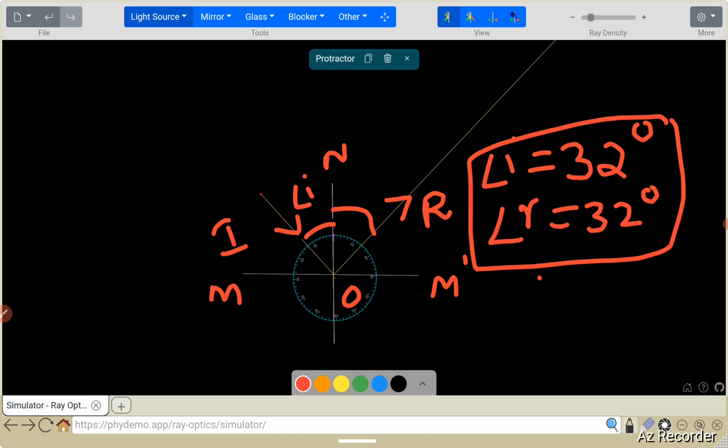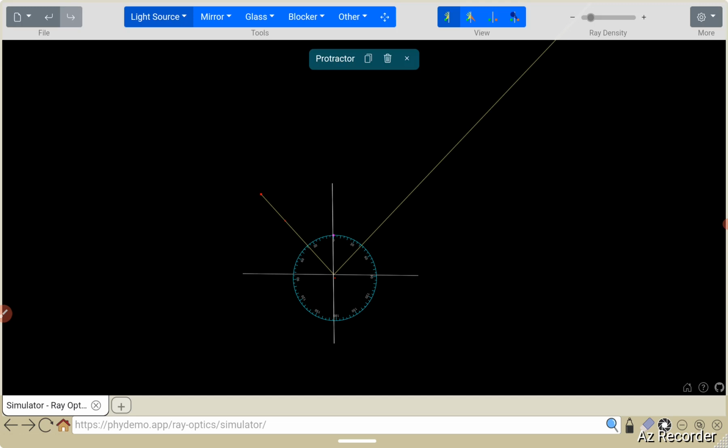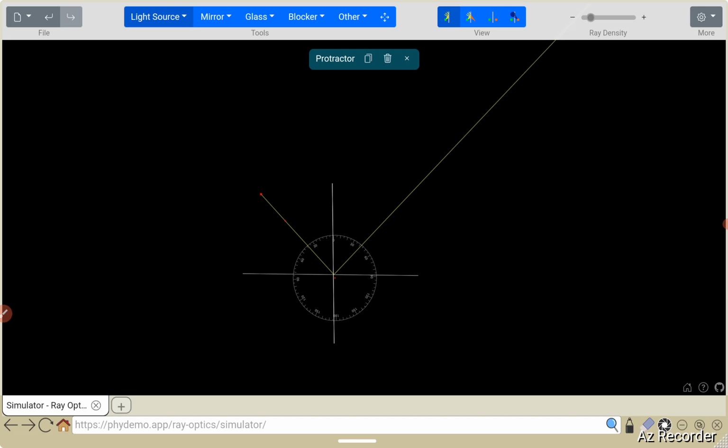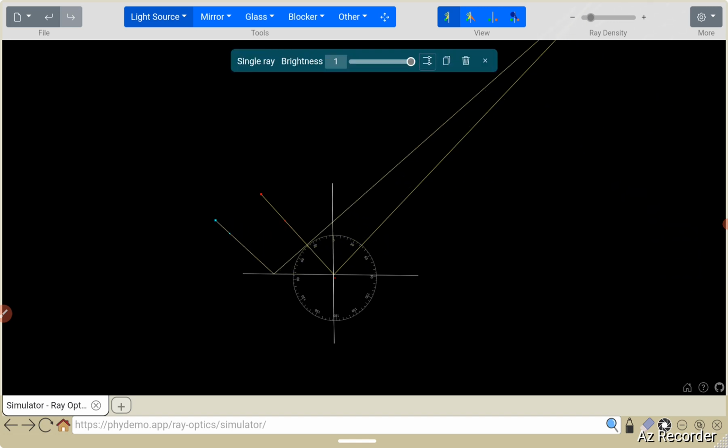Okay, if at all I take another single ray, and let me take that with another angle at the same point of incidence, so that we will understand. Okay, now see here, both are at 60, understood? Both are at 60 degrees.